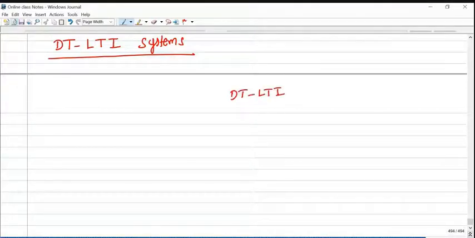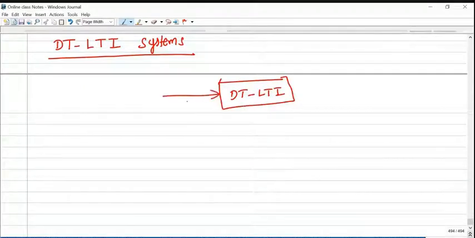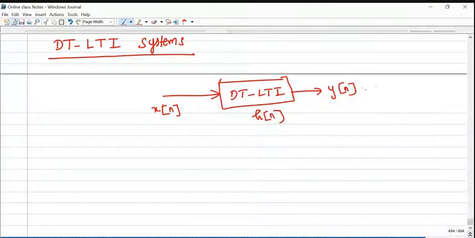Consider a DTLTI system. Input x of n, output y of n, impulse response represented by h of n. Z transform representation: X of z, H of z, Y of z.